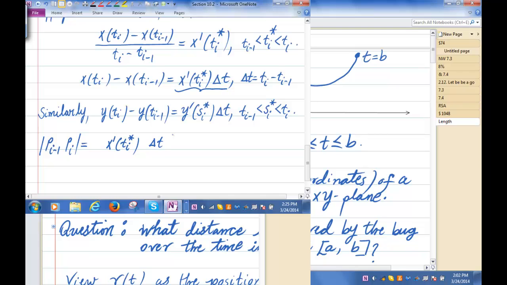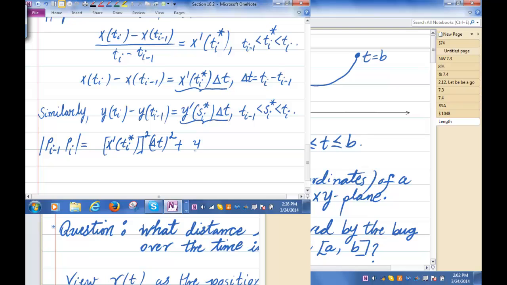Now remember that I have to square them, right? Inside the root I square them. So I will have to square this quantity here, and I also have to square the delta t. Same way, the other term in the root was this quantity here, so we can replace it with this.